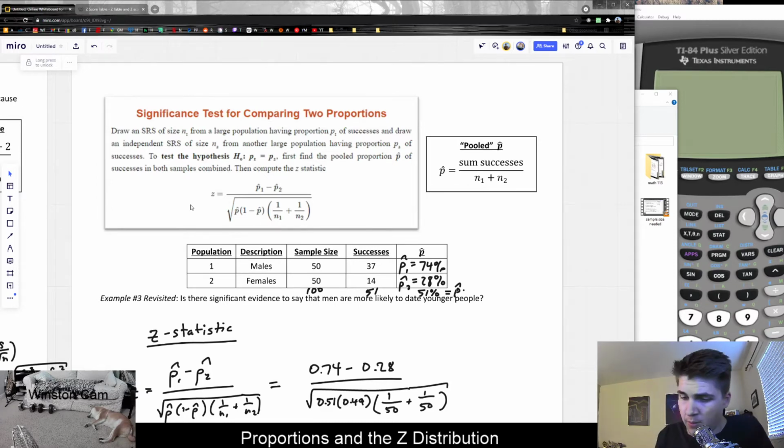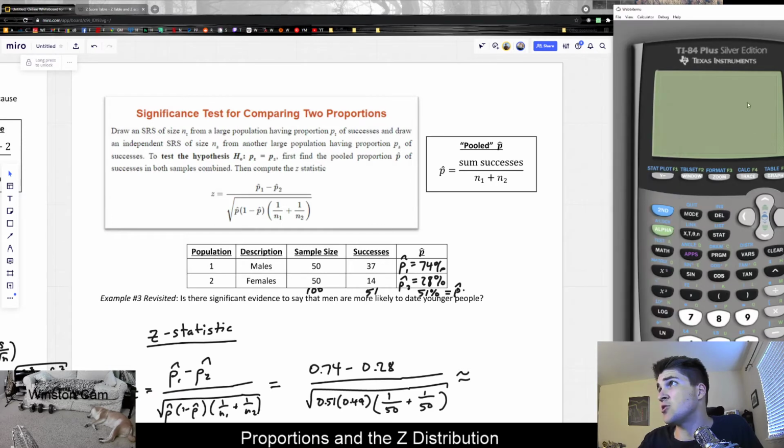Quite a formula there, but we can throw that into a calculator to approximate our Z statistic. So let's see what we get. So 0.74 minus 0.28, I'll use parentheses on the numerator, should go on top.